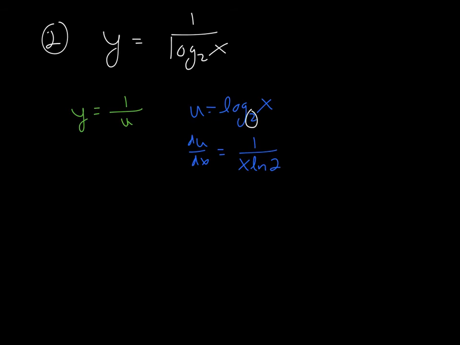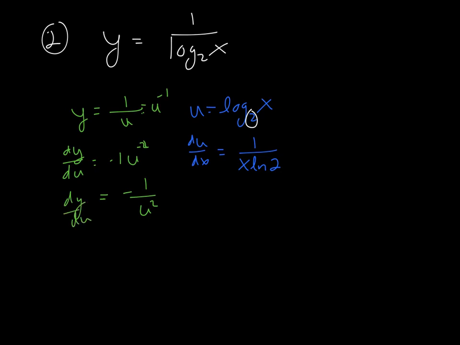And then let's go ahead and do my dy/du. You might want to think of this as u to the negative first power, which gives me negative 1, u to the negative second, or some of you are okay with just jumping right to negative 1 over u squared. If you're fine with that, you don't have to write it all out.